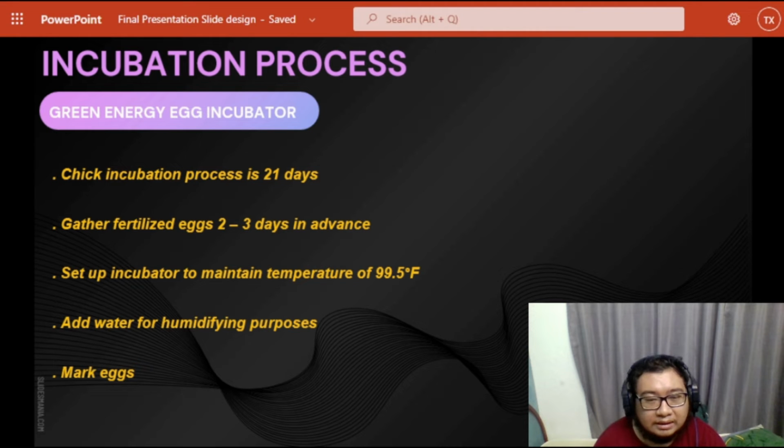We also set up the incubator to maintain a temperature of 95.5 Fahrenheit. We add water inside for humidifying purposes. We also mark an egg so that we do not confuse it with the other eggs.